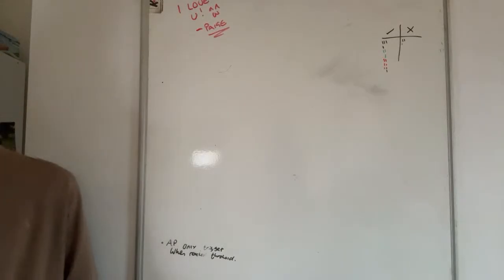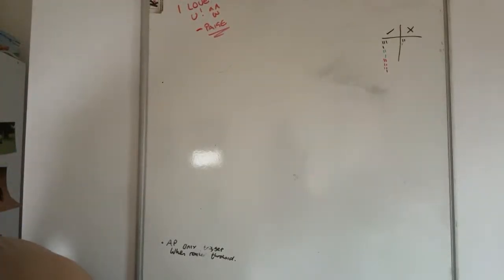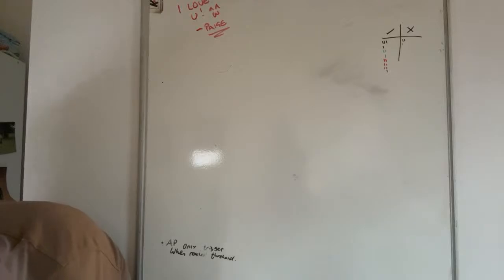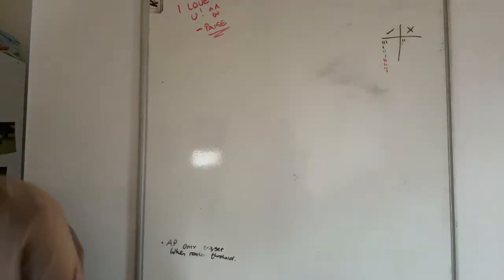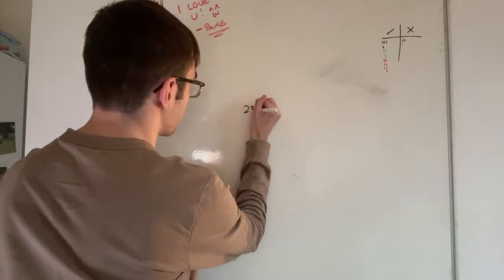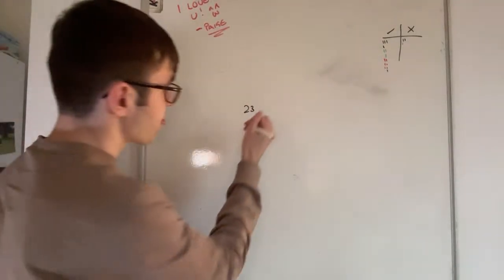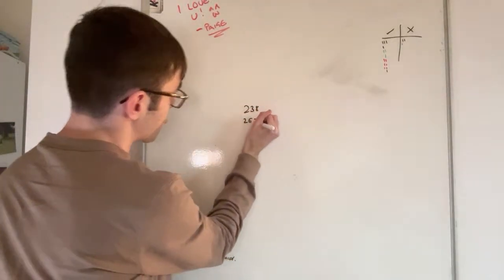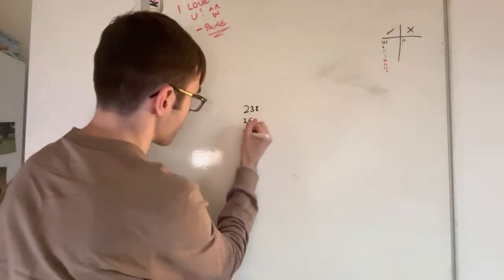That is a weird math question. Hold on. So would you have to multiply it by 100,000? The mean number of bacteria. So would you literally just do 238, 263, 261?